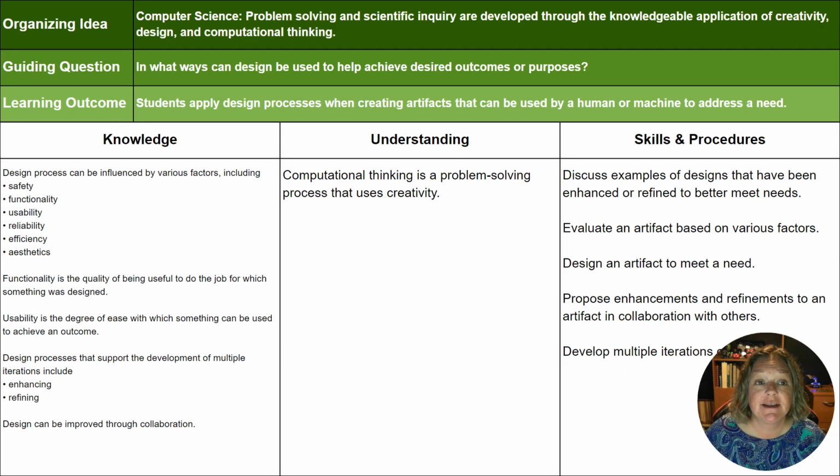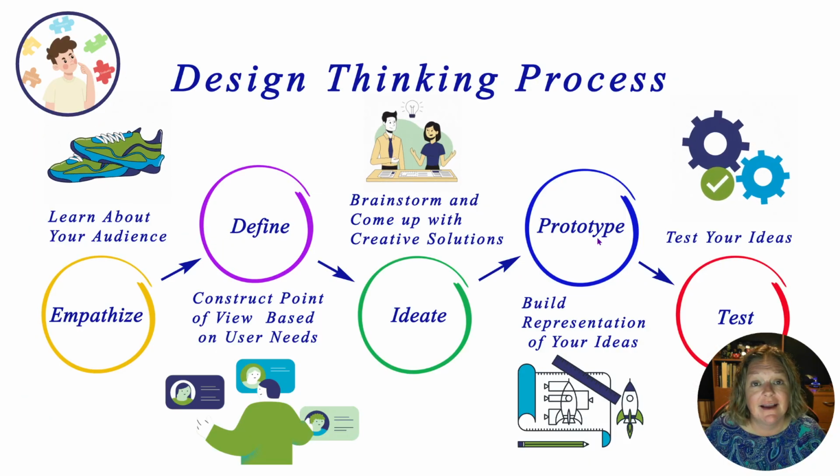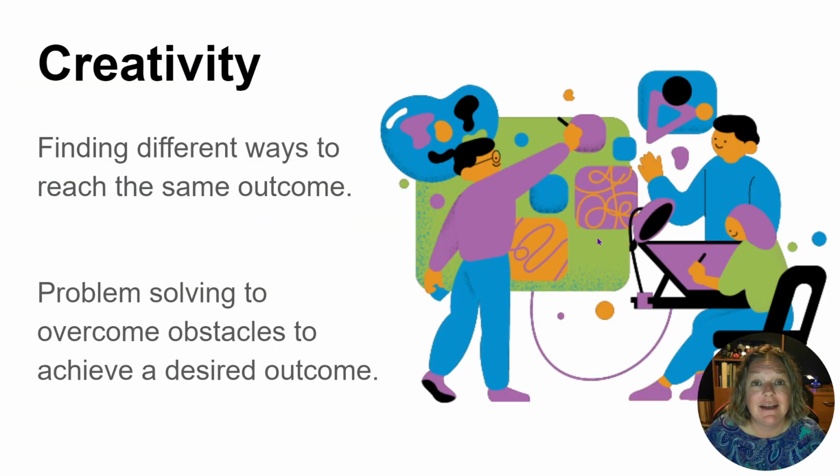So your computer sciences curriculum talks also a lot about computational thinking and creativity and design processes. So those are the key pieces of the organizing idea of computer science that we see woven all the way from kindergarten up through grade 6 in the overarching ideas. We want students using computational thinking, design thinking, and creativity from kindergarten through grade 6 as a part of their computer science learning.